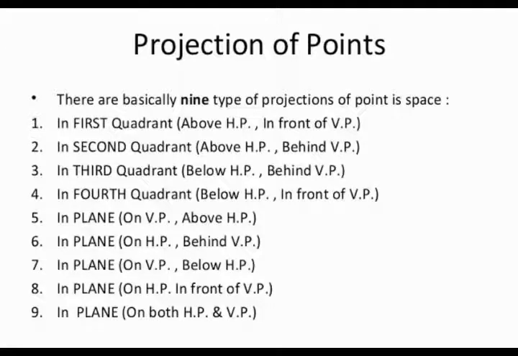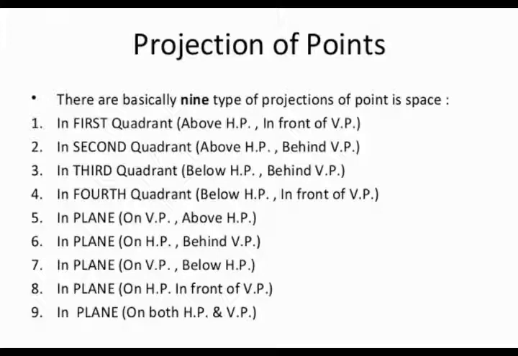Apart from the above and below, you have another thing, that is, remember the points 5, 6, 7, 8 and 9, right? Here the point is on HP, so you want to project the front view. I already told you, HP is with respect to the front view. If it is on HP, you want to project the point on XY, right?